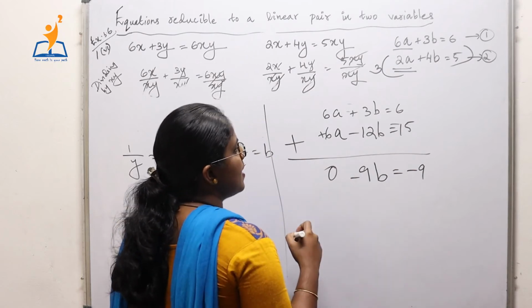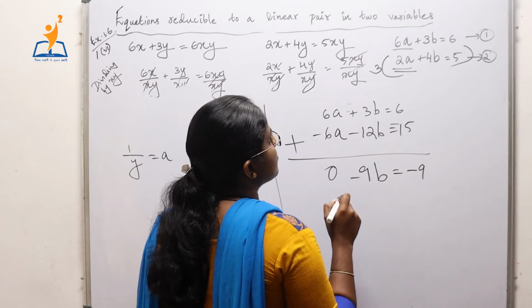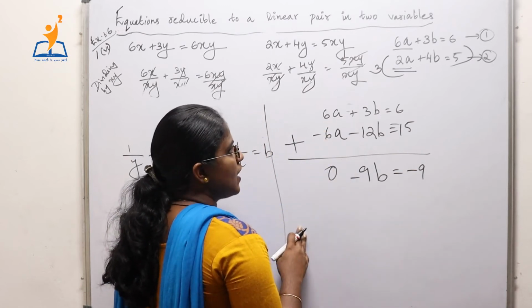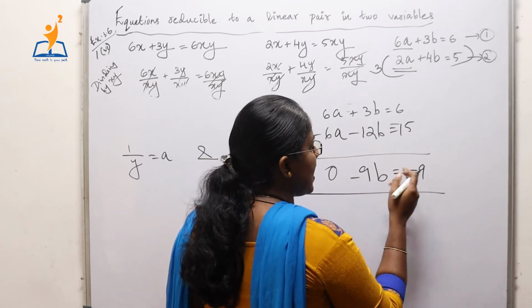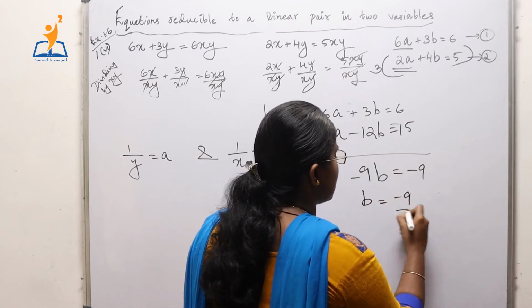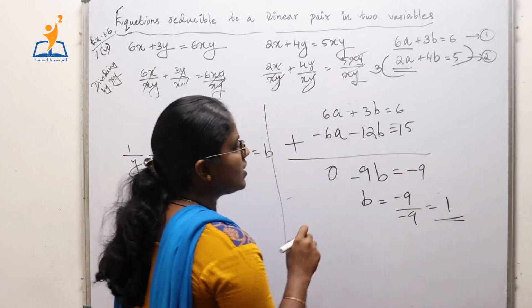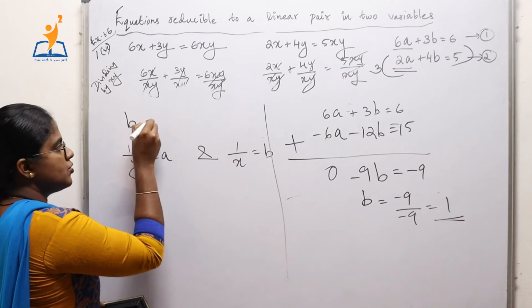And again 6a, this was plus, so we have to change that to minus. So 6a minus 6a is 0. Now we got minus 9b equal to minus 9, which means b is equal to minus 9 by minus 9, that is 1. So we got the value of b as 1. What we got is b is equal to 1.